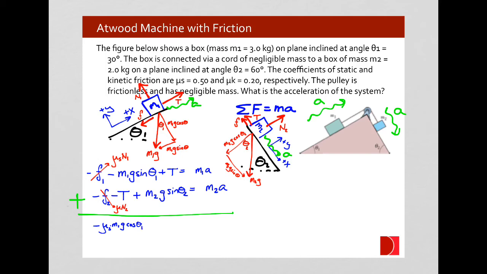So that's the coefficient of static friction times the normal force for the first block. We see that this is the second term. Tension and tension cancel out again. We have the other force of friction that we will include.